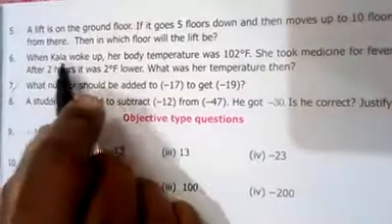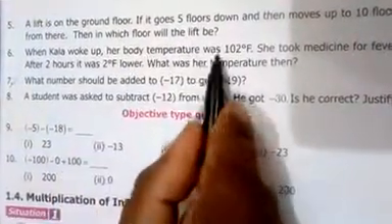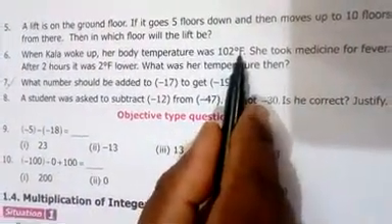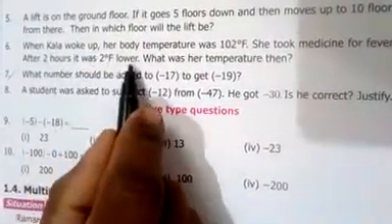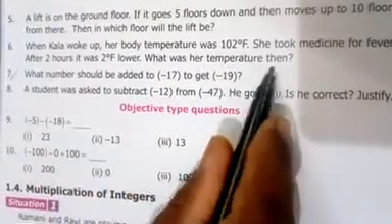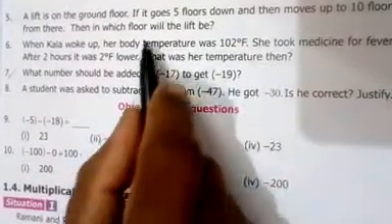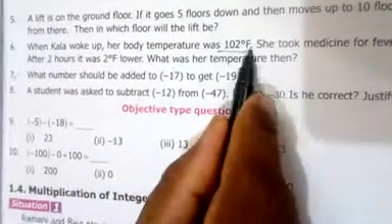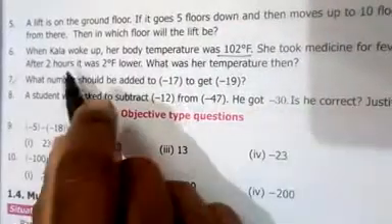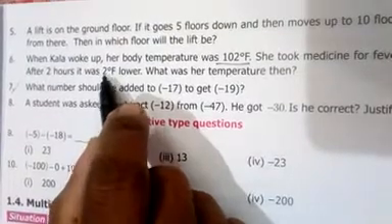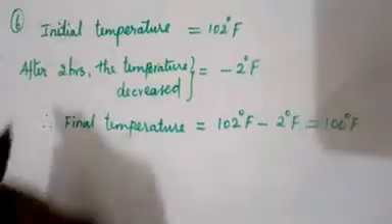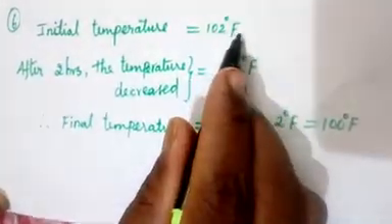Sixth problem. When Kala woke up, her body temperature was 102 degrees Fahrenheit. She took medicine for fever. After 2 hours, it was 2 degrees Fahrenheit lower. What was her temperature then? The initial temperature is 102 degrees Fahrenheit.